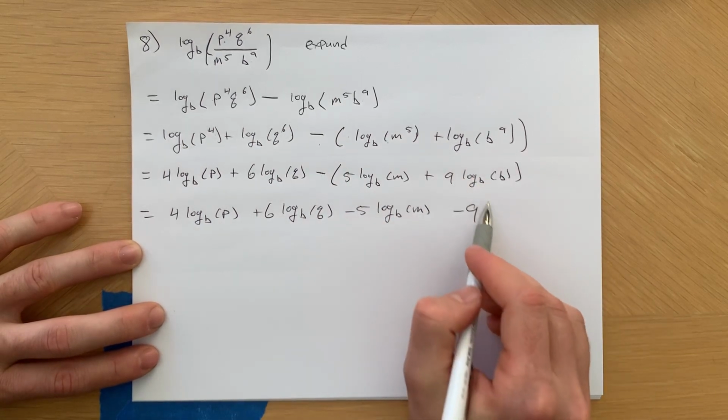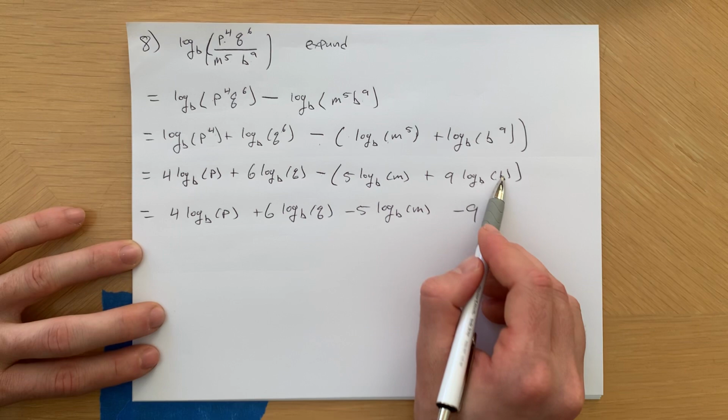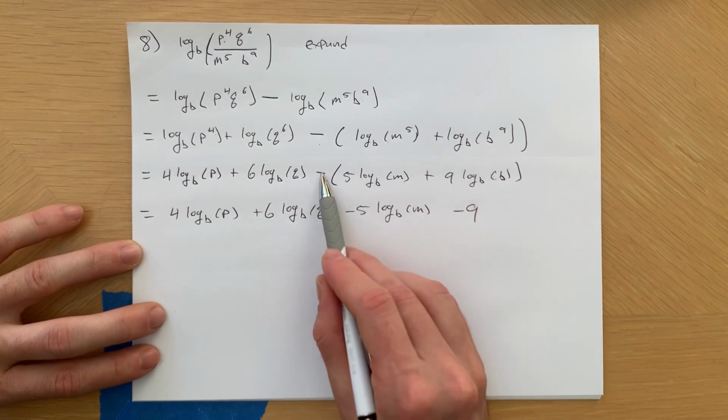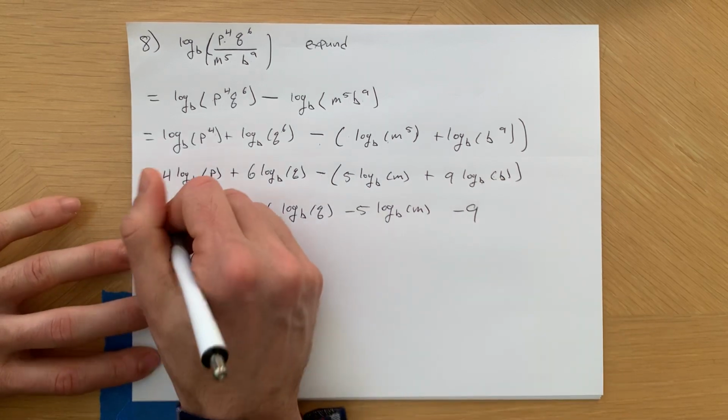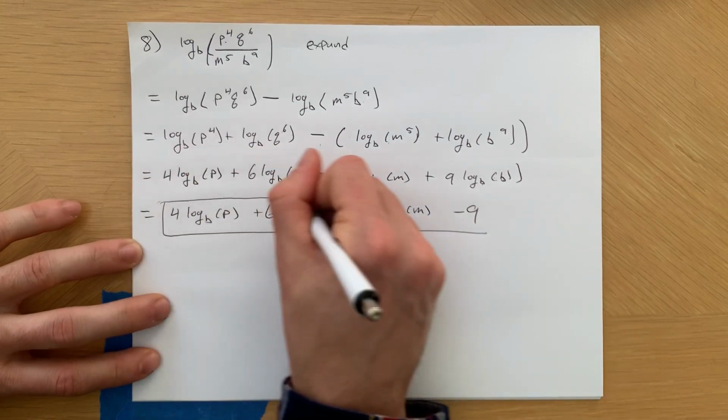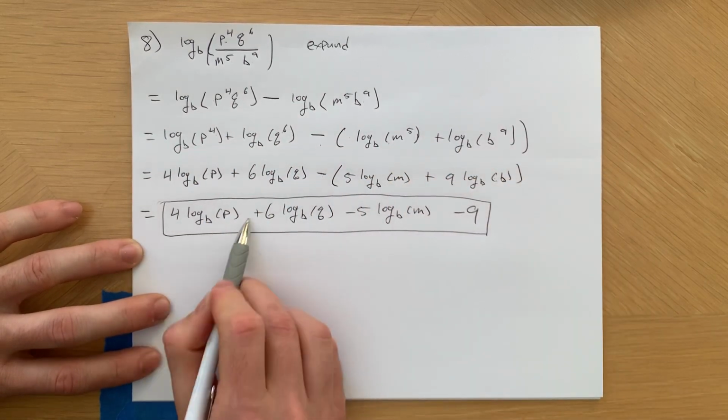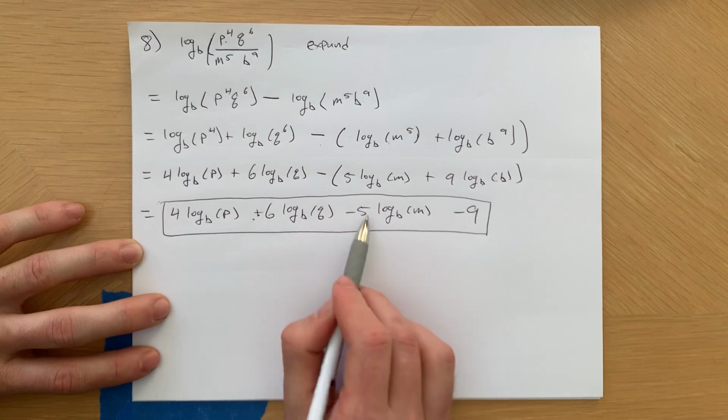Again, this is minus 9 log base b of b, but the log base b of b is 1, so this is just 9 times 1, so this is really just minus 9. And this is going to be our final answer. This is everything expanded as much as we can into sums and differences, so we've got some sums here and then differences right here.